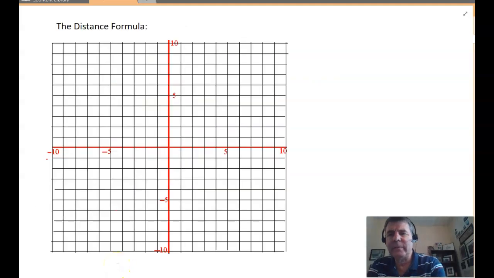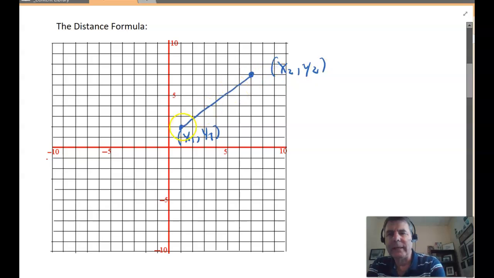So how do we get the distance between 2 points? Well, let's say that I have just a random point here at x1, y1, and I've got another point up here at x2, y2, and I want to get that distance right there. This distance right here is the difference in the x coordinates. So that distance is x2 minus x1, and this distance right here is the difference between the y coordinates, so that's y2 minus y1.